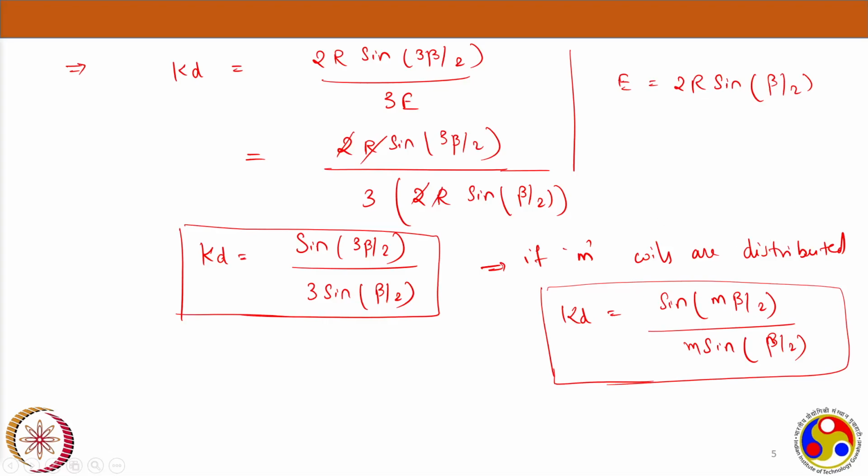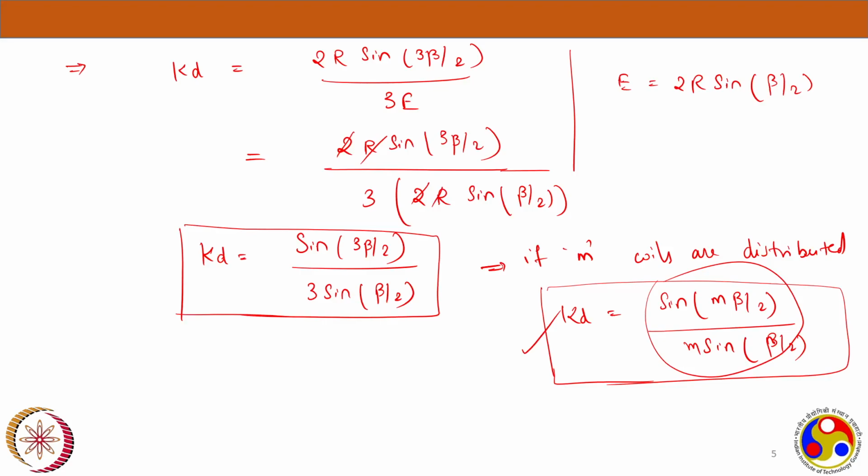You also need to understand the formula, and you can remember it. But the ultimate relevance, the significance of KD, you should understand. What this KD signifies is, whenever you go for a distributed winding instead of concentrated winding, this is the factor by which your resultant voltage will be reduced.